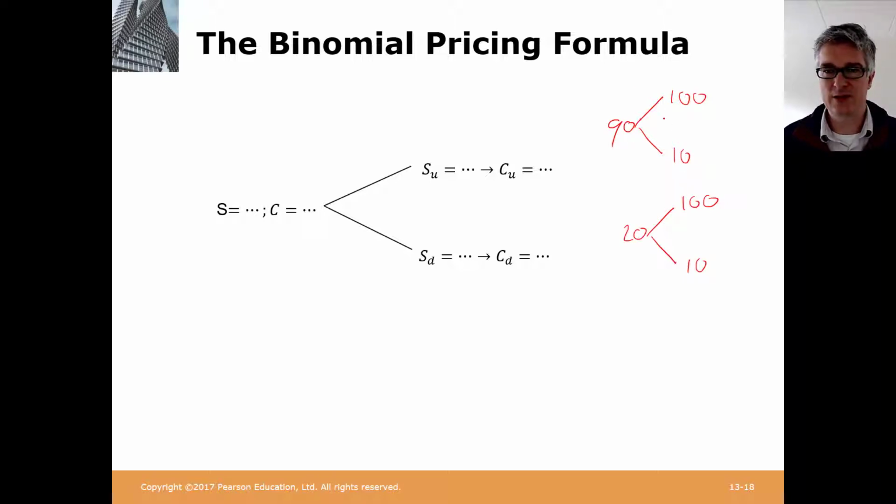In the first case, I can assign a lot higher probability to the upstate than to the downstate, while in the second case, it's much more likely that we'll end up in the downstate than in the upstate. So the fact that you have a certain share price at the beginning gives you an indication of what the probabilities are, even though those probabilities are not modeled explicitly.